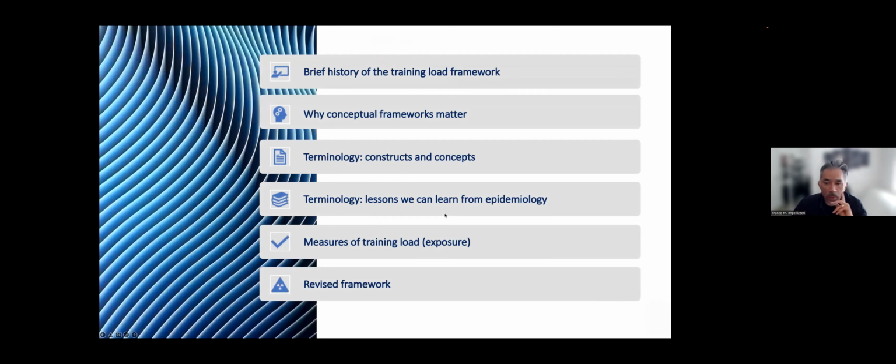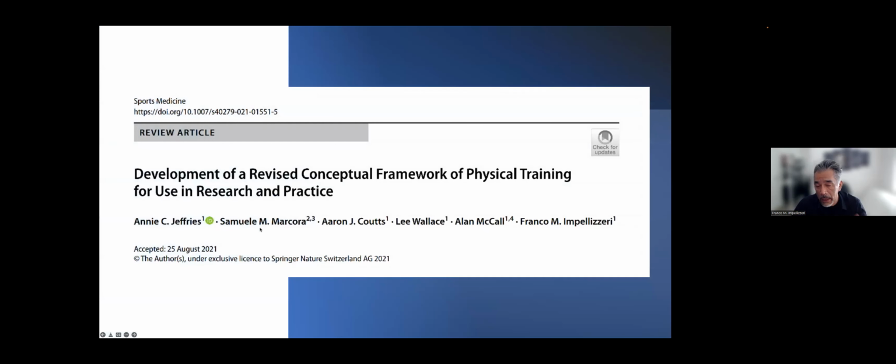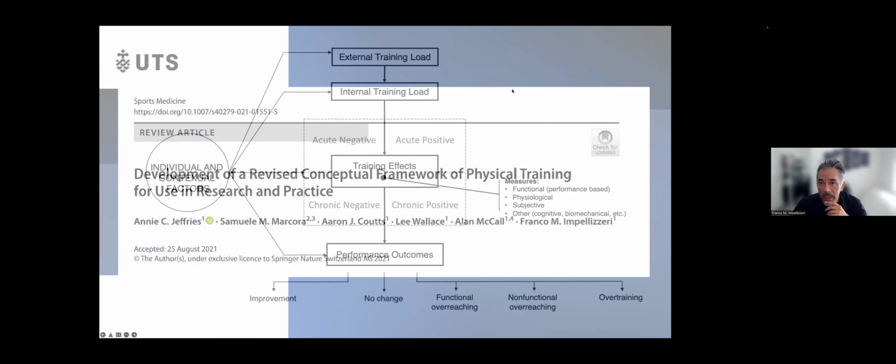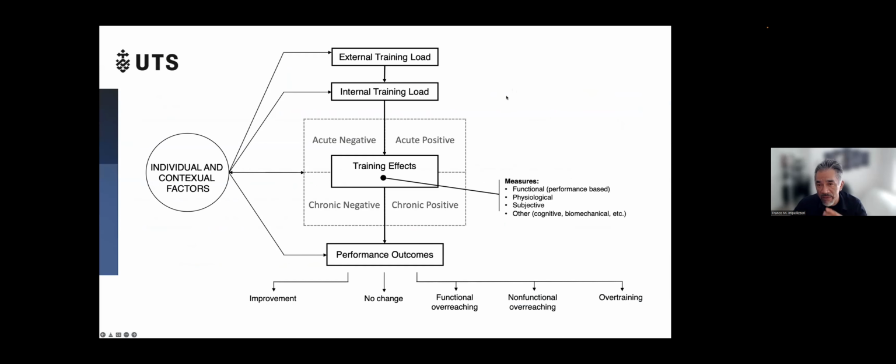So I finish with the revised framework. Basically, what we have done in this paper written by Annie Jeffries, our PhD student, is address something that was missing. In the 15-year-old paper, as I told you, we explained that, for example, heart rate variability is not a measure of internal load, but is more something happening after.